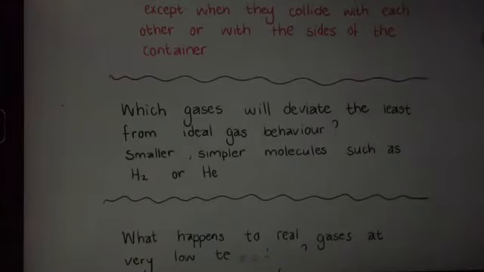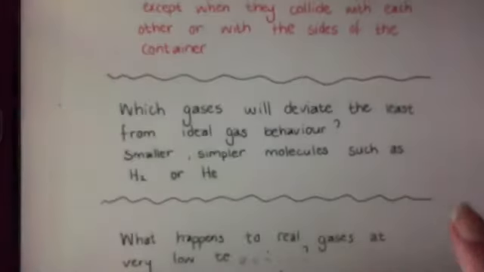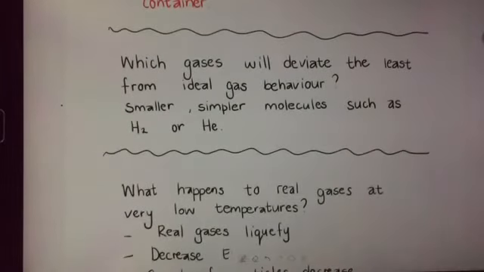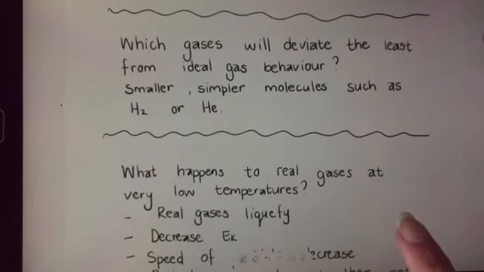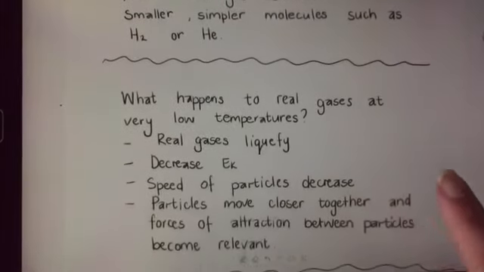So gases with the smallest molecules will come closest to ideal gas behavior. And that is why we say that smaller, simpler molecules such as hydrogen or helium are the gases that will deviate the least from ideal gas behavior.